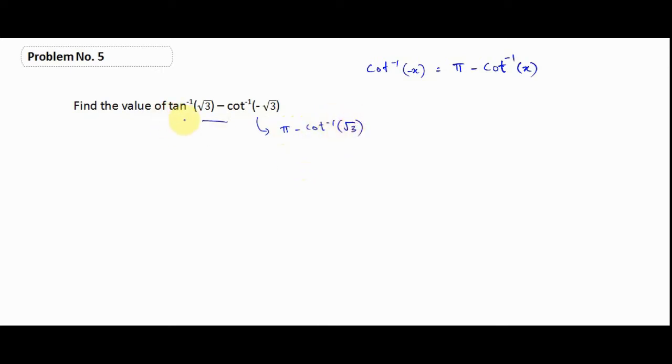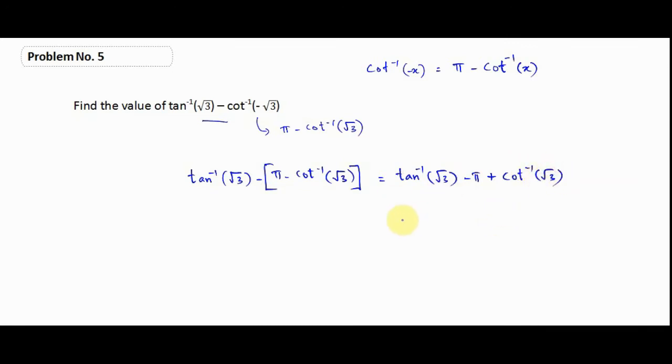So let's rewrite this expression. We may rewrite it as tan inverse of root 3 minus, bracket, pi minus cot inverse of root 3. Now if we remove this bracket, what we get is tan inverse of root 3 minus pi, and here we have minus, here also we have minus, so we will get plus cot inverse of root 3.